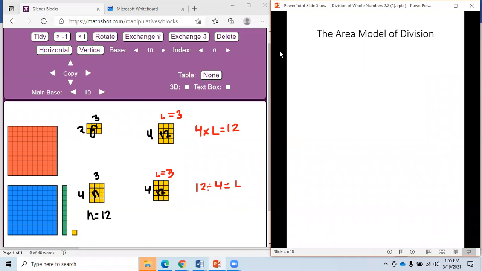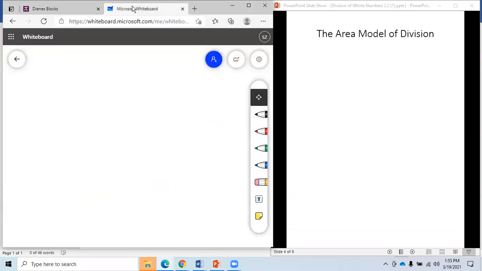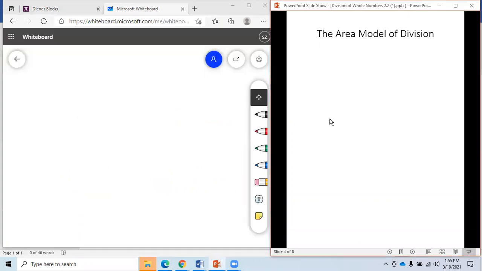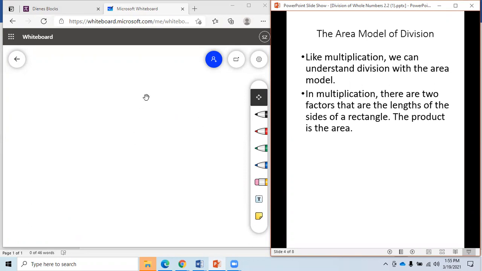Let's look at another area model. Like multiplication, we can understand division with the area model. In multiplication, there are 2 factors that are the lengths of the sides of the rectangle.